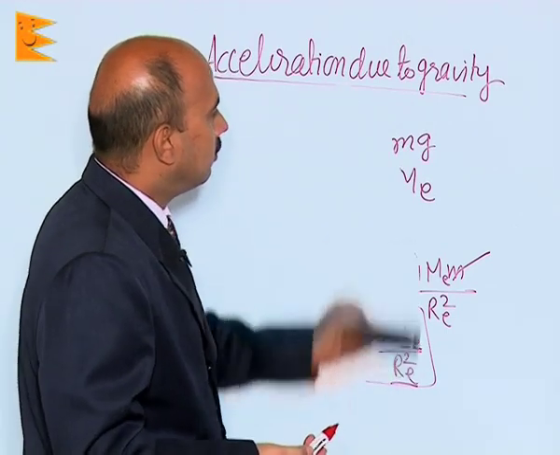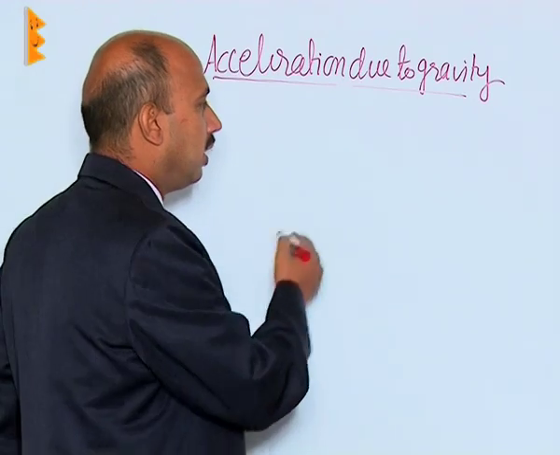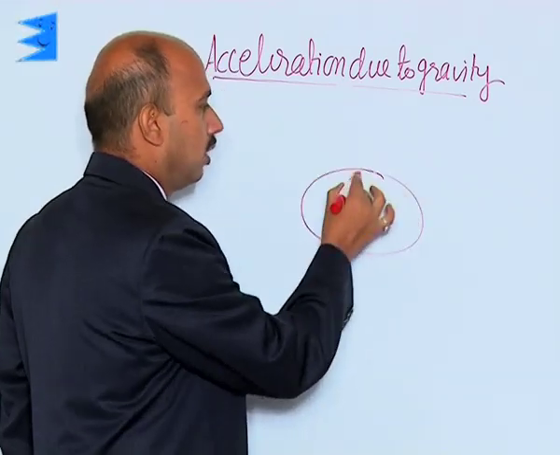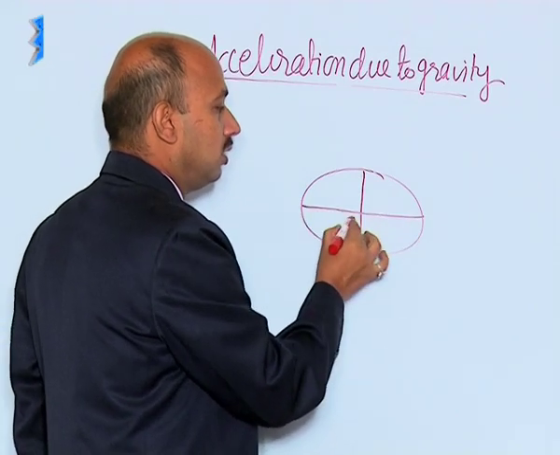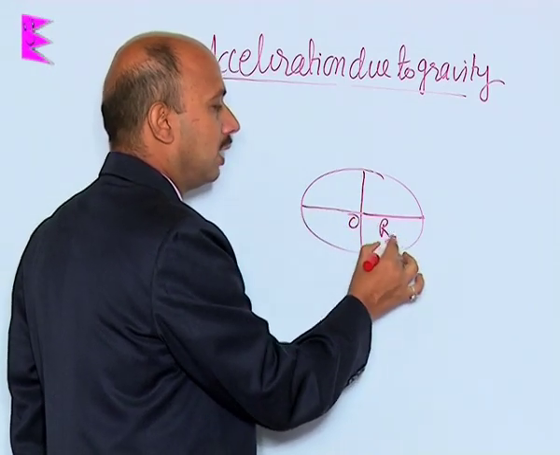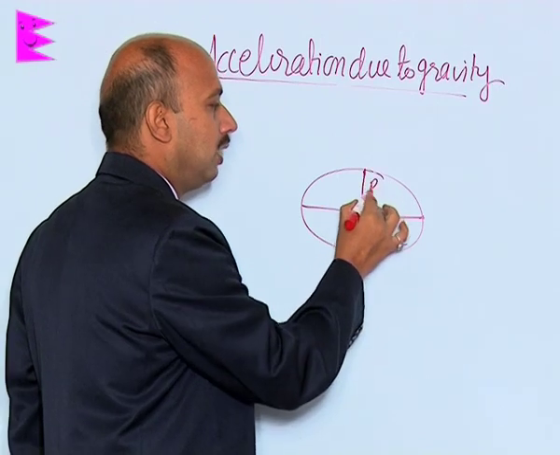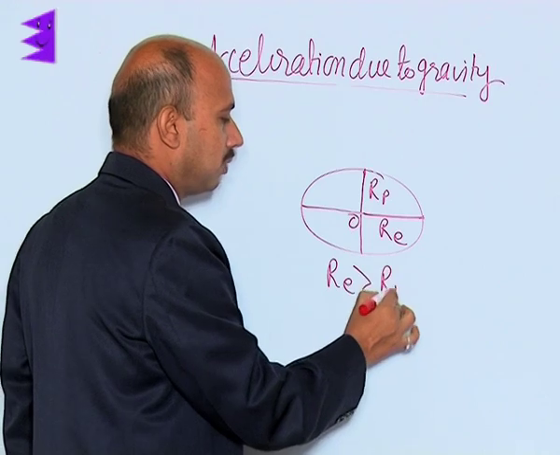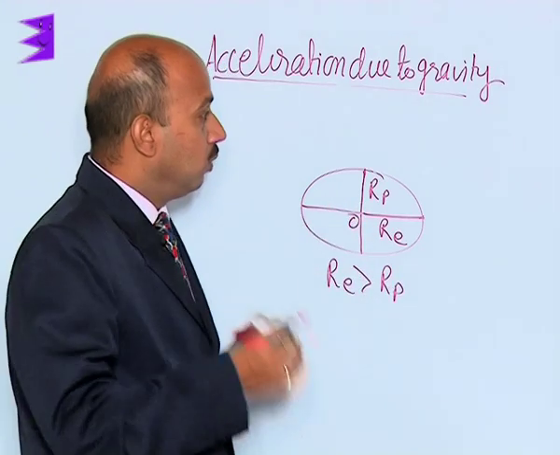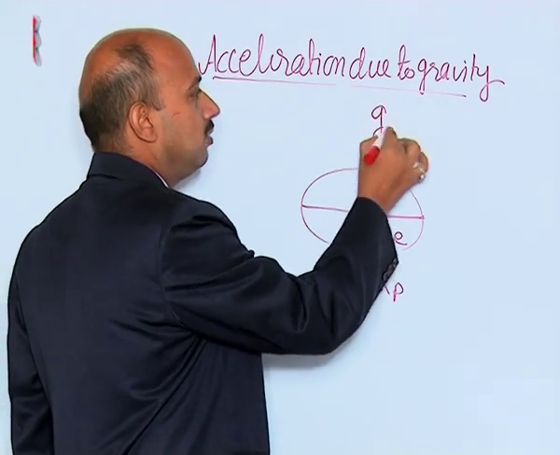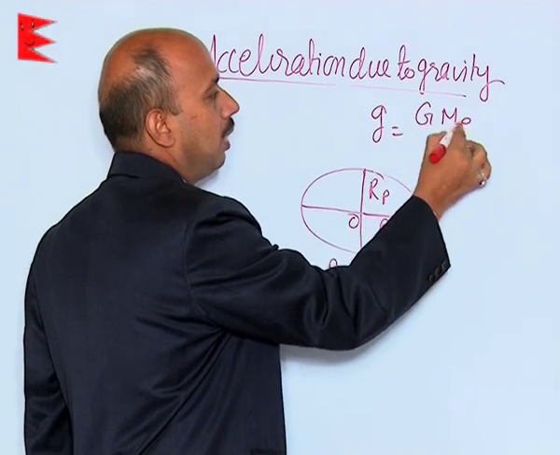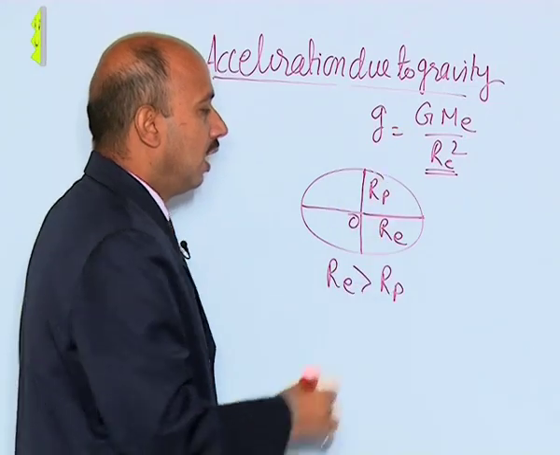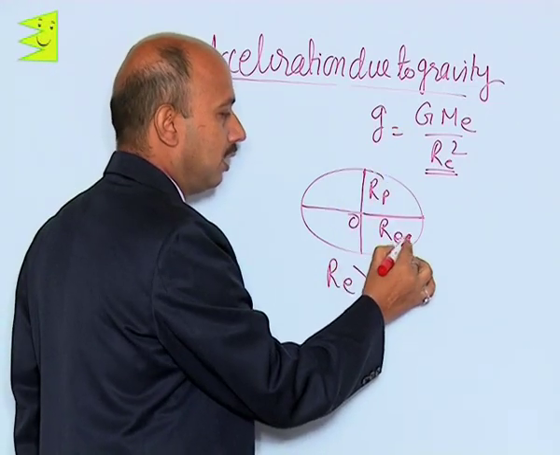The earth is not exactly spherical; it is an oval shape, like this. In that case, this is the equatorial radius, which we write as Re, and this is the polar radius Rp. So we can write here Re is greater than Rp. We know the value of small g is G Me upon Re square. Here Re is the radius of the earth, and I have taken it at the equator.